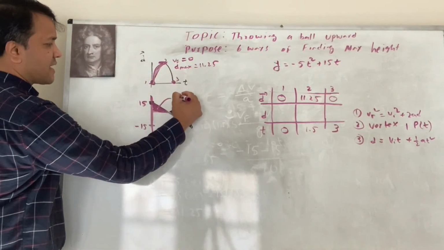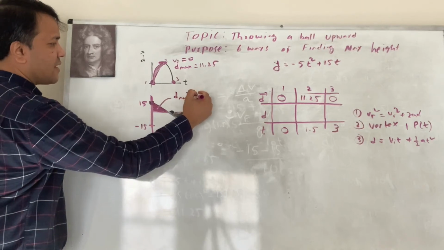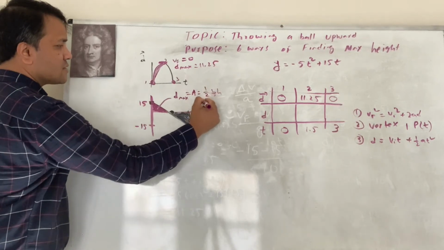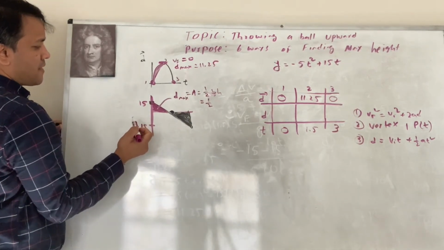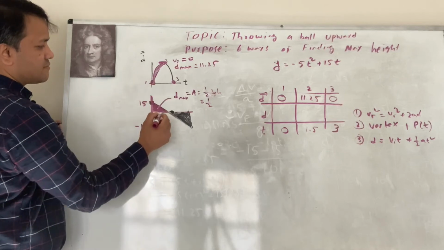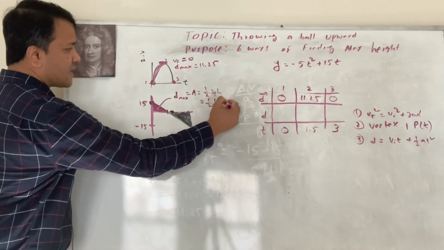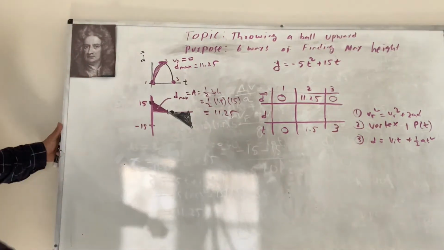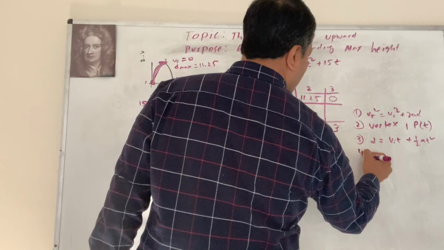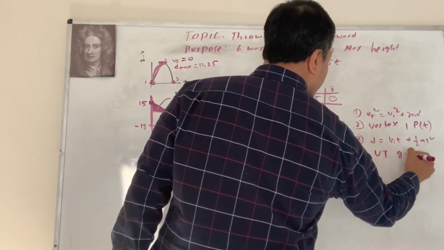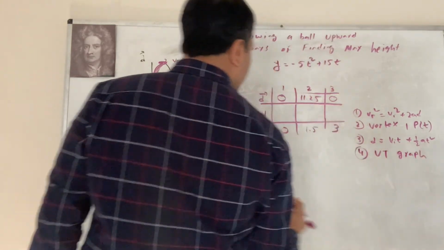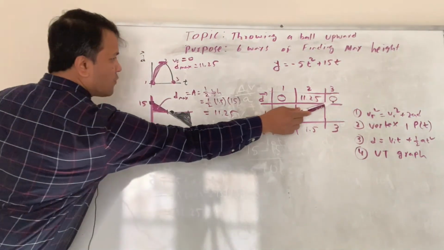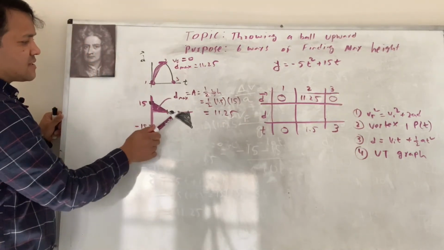So D max is equal to the area, half b h. b is 1.5 and h is 15. So that's 11.25. So the VT graph is going to give you the same thing. Number 4, VT graph. To prove why the total displacement is 0, if you add this area and this area, you're going to get 0.